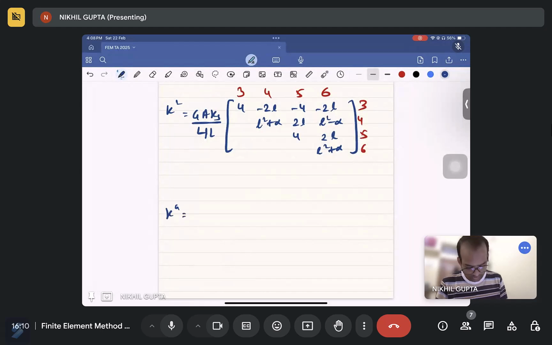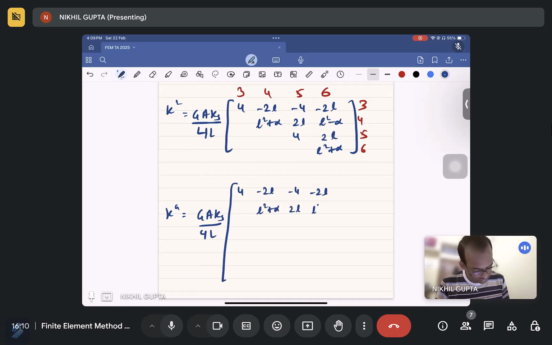K G will be G A Ks by 4L, with entries 4, minus 12, minus 4, minus 12, L square plus alpha, 12, L square minus alpha, then 8, 0, minus 4, minus 12, then 2L square plus 2 alpha, 12, L square minus alpha, 4, 12, and L square plus alpha, then 0, 0, 0, 0.